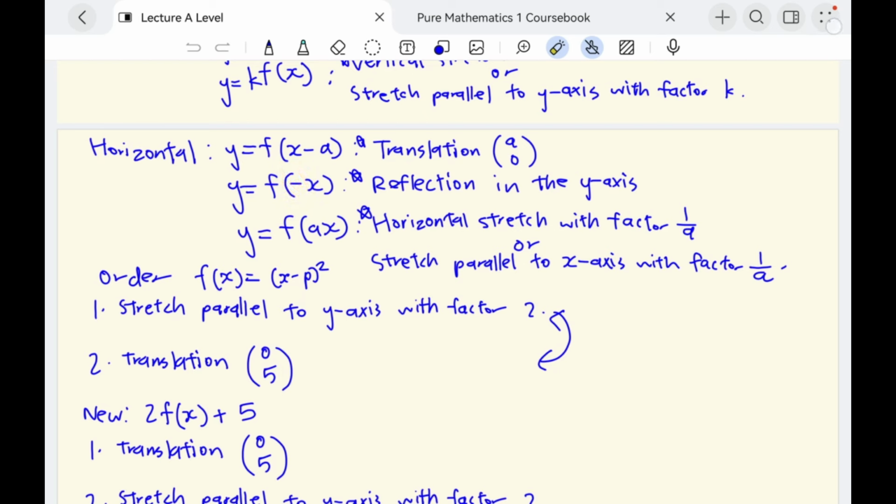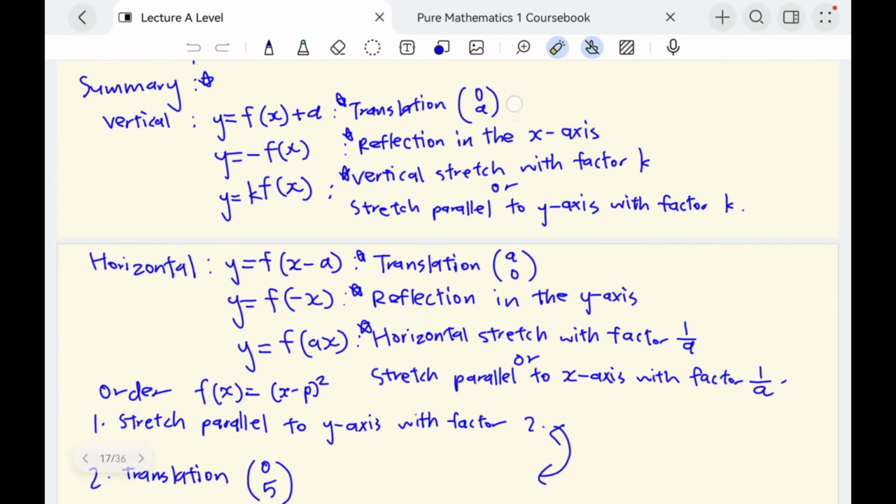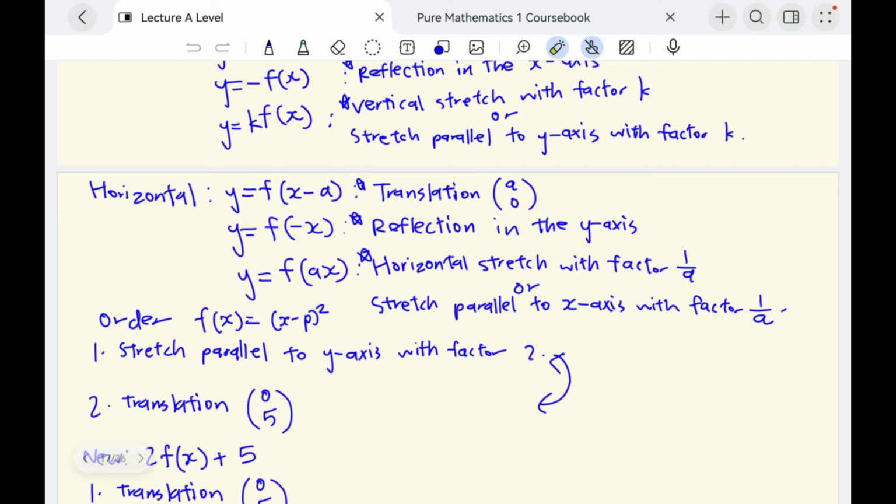Okay, and for the f bracket a constant a times x, there is a horizontal stretch with a factor of 1 over A. Okay, that means the horizontal stretch is opposite to the vertical one. All right, there's a horizontal stretch with a factor 1 over A. It is the reciprocal of this constant, or stretch parallel to the x-axis with a factor of 1 over A.